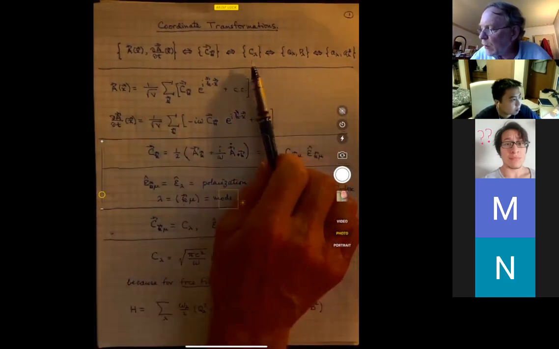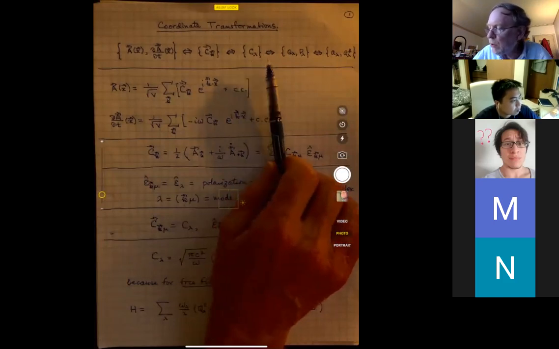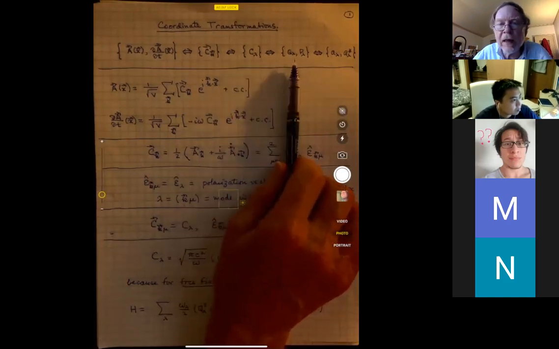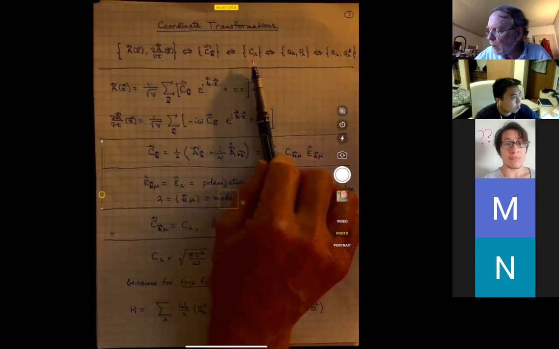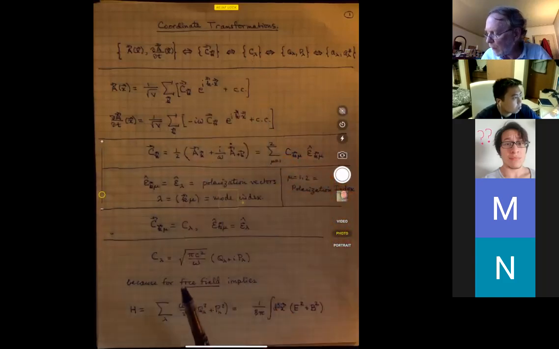Then, having gotten those, we looked at the time evolution of the C lambdas for the free field, saw that it looked like harmonic oscillator evolution, allowing us to guess that the Q's and the P's, which I call Q lambda and P lambda, of the system are proportional to the real and imaginary parts of the C lambda. And so we ultimately were able to determine what that proportionality constant is.